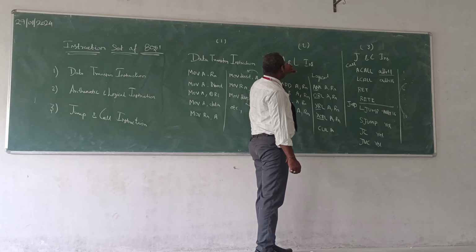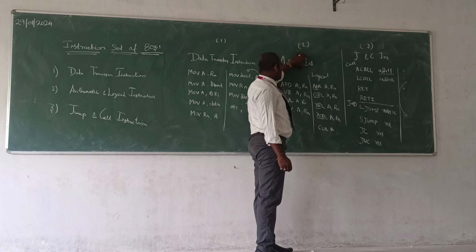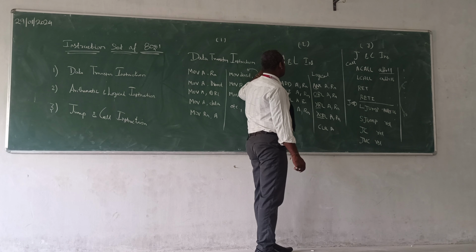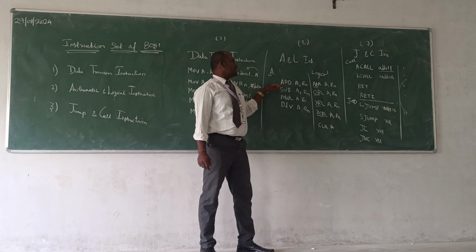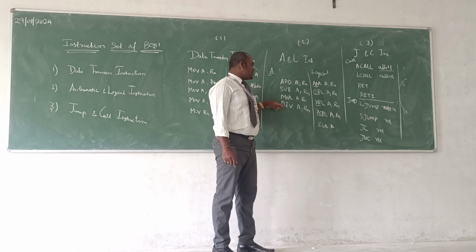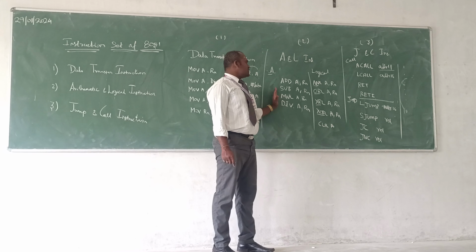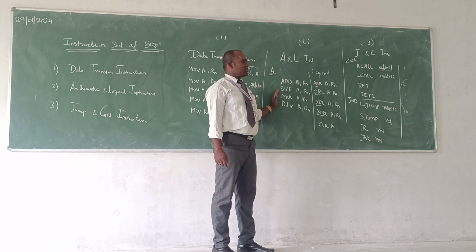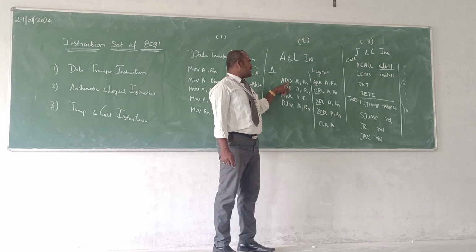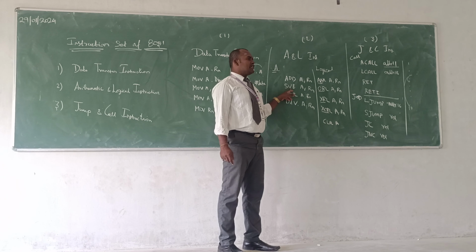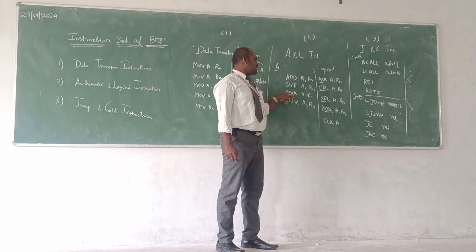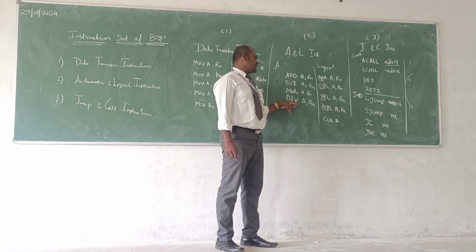Next, consider the arithmetic and logical instructions. With arithmetic instructions you can perform all arithmetic operations like addition, subtraction, multiplication and division. Here you are adding data from a register to the accumulator, subtracting register from accumulator, and multiplying and dividing the data.